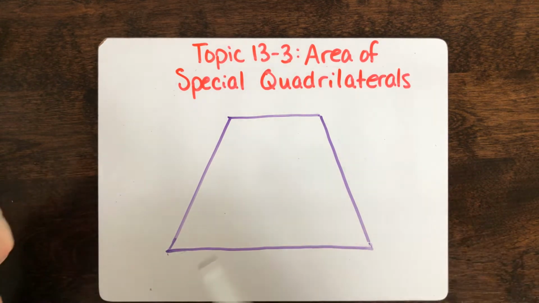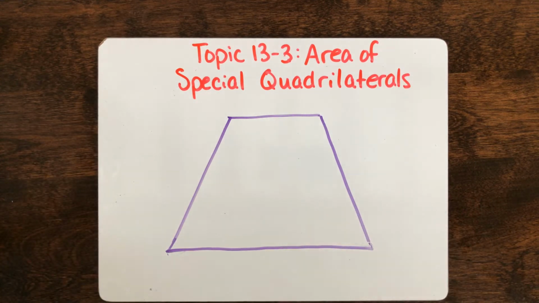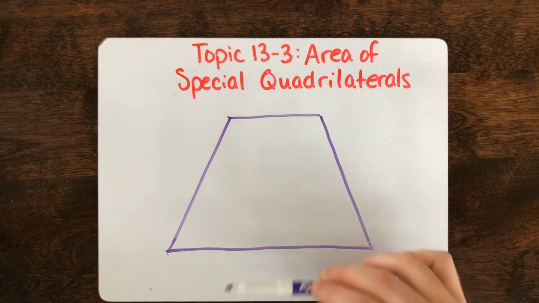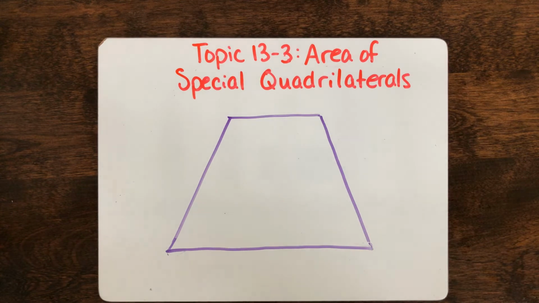And this shape is what? What would you call this shape? If you were learning shapes in kindergarten or first grade, what would you call this shape? This shape is a trapezoid. It has one set of parallel sides. All right. We do not at the moment know the area formula for a trapezoid.